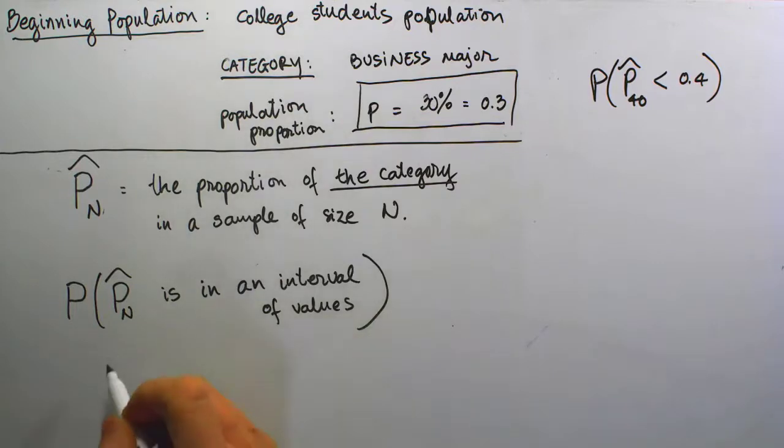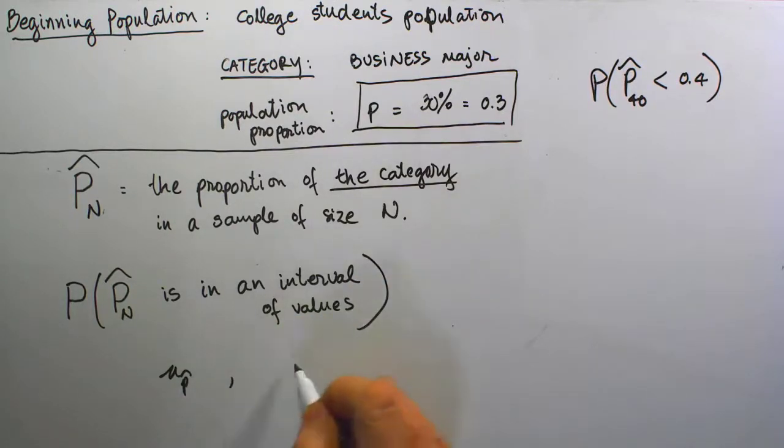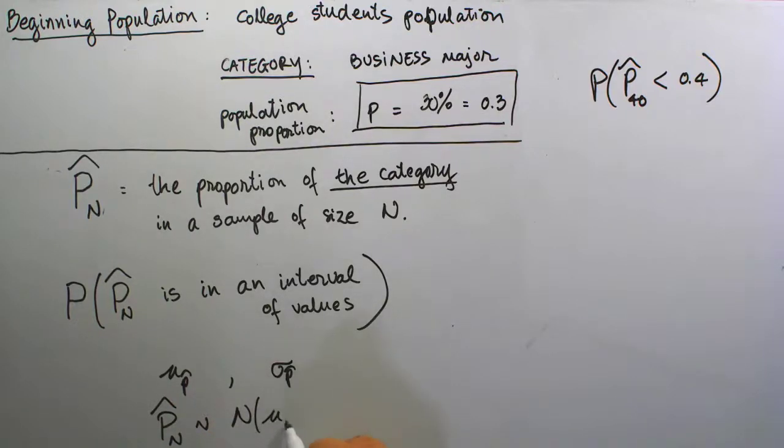Okay, and so as part of the way to solve the problem, we first need to find the center, mu p hat symbolically, of this sampling distribution, and then the next step is to find the average spread of this distribution, and further we need to verify whether our random variable capital P hat with subscript n can be placed on a bell curve or not. And this symbol, if we recall from our understanding regarding a normal distribution, means: is this sampling distribution normally distributed with center mu p hat and average spread sigma p hat?